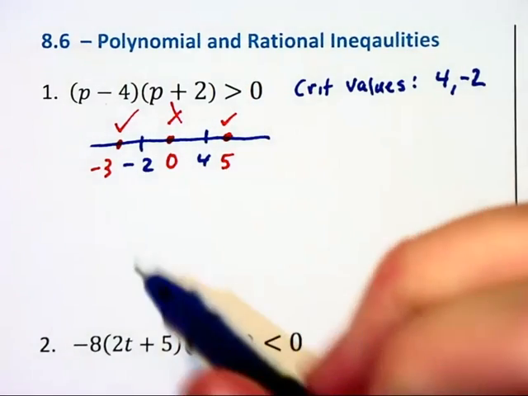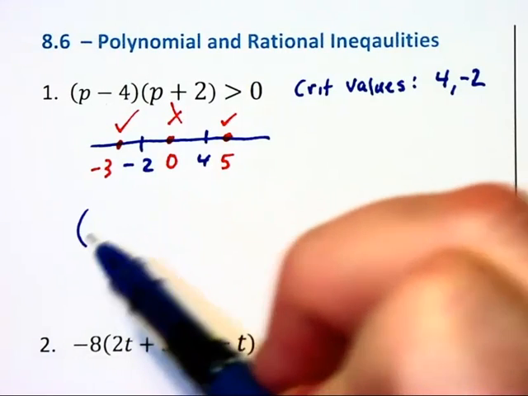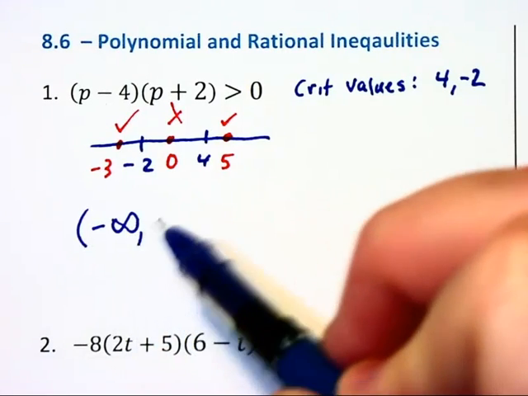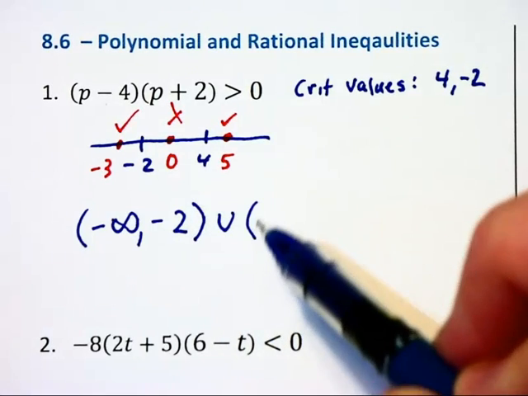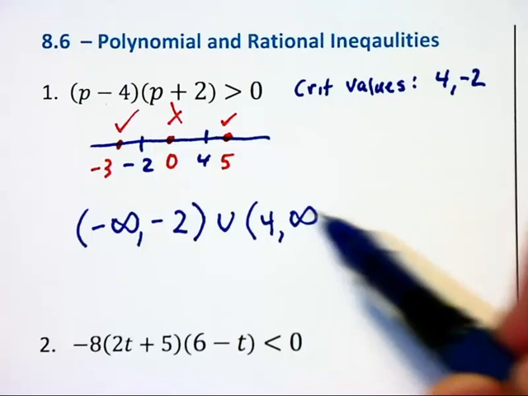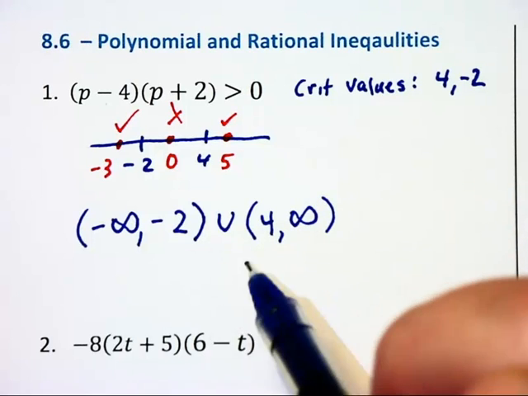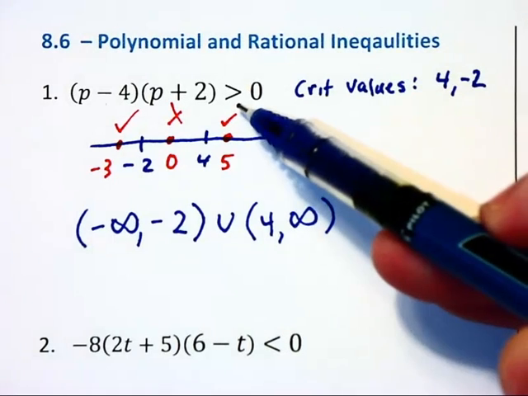So we can say that our solution set for this problem will be from -infinity up to -2, which we do not include, united with the region to the right of 4. Notice I'm not including the boundaries in either of these regions because there's no equation or equality in our inequality.